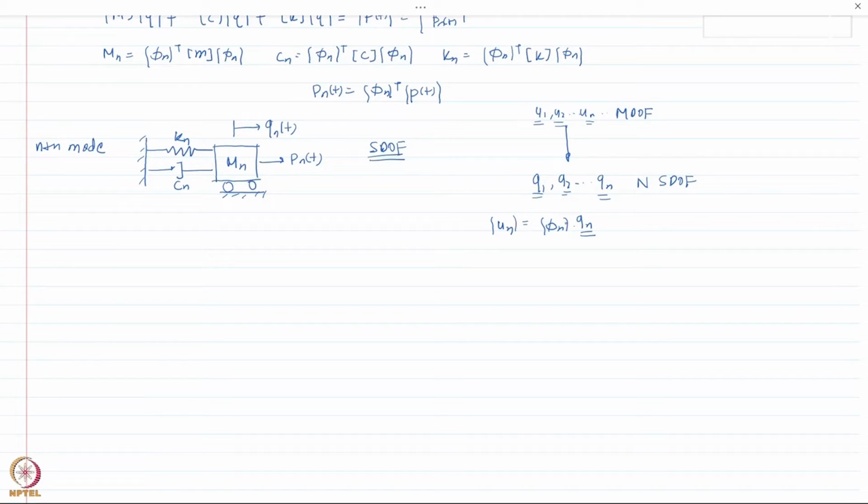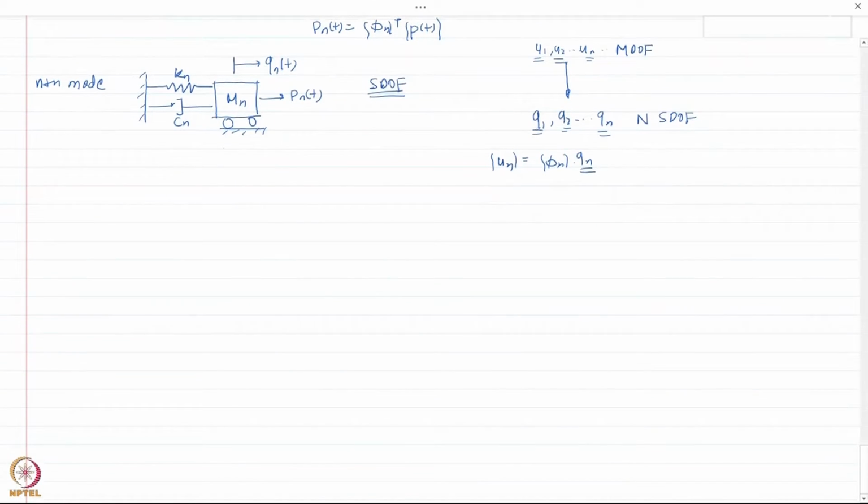So when we solve this single degree of freedom system, it gives us the modal coordinate, not the displacement at any degree of freedom. We convert it, and once we have it for each mode like this, we can sum it over all the modes to get the total displacement at each degree of freedom.